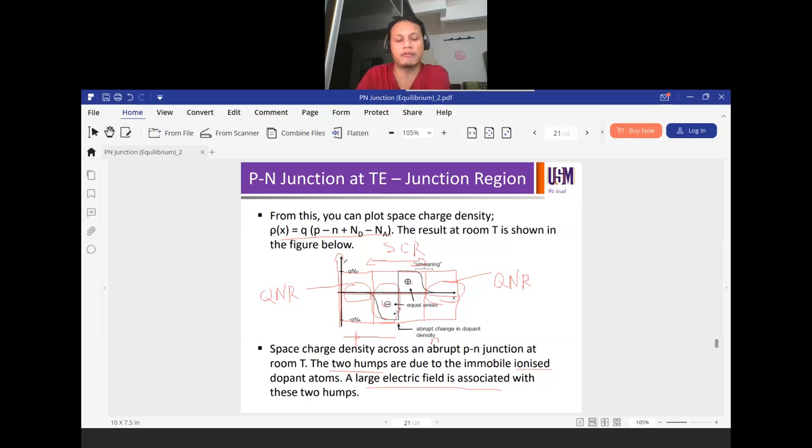The moment you have this space charge region, it's going to develop an electric field across this depletion region. Do we have an electric field in the quasi-neutral region? What do you think? Do you have an electric field across the quasi-neutral region? Is there? Yes. Why yes? Jasmine, what do you think?